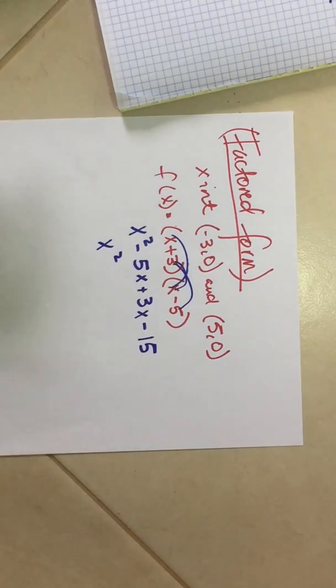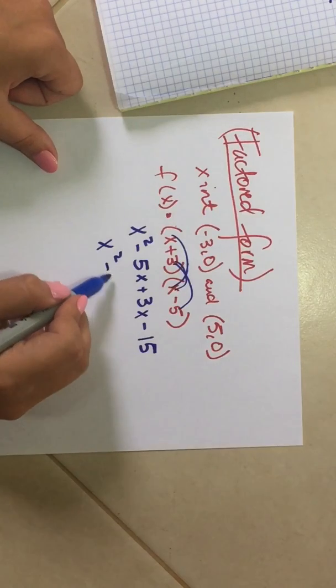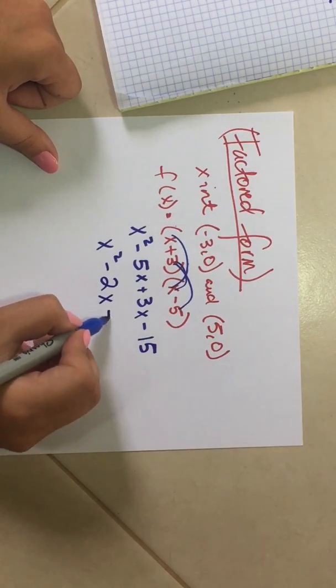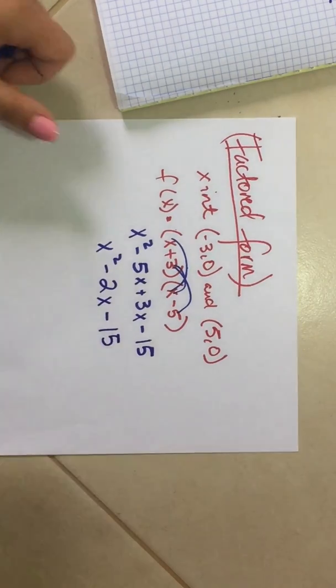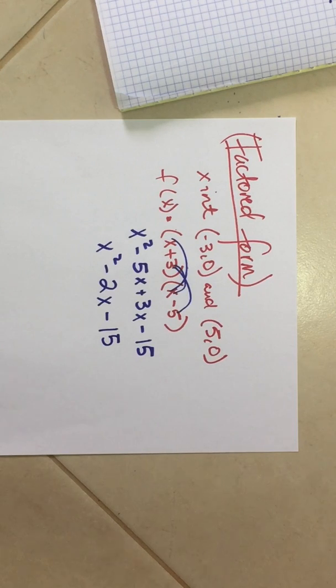Negative 5x plus 3x is negative 2x, minus 15.